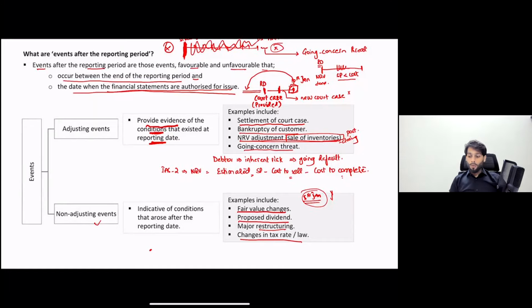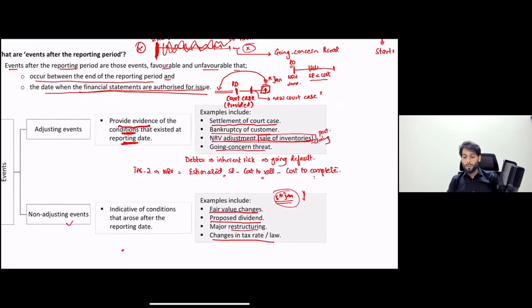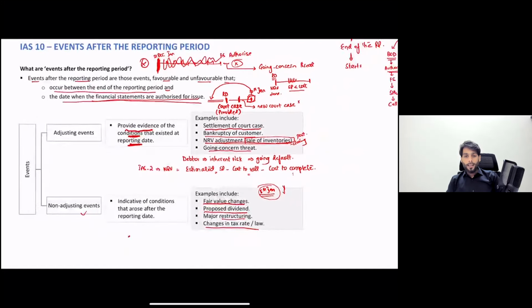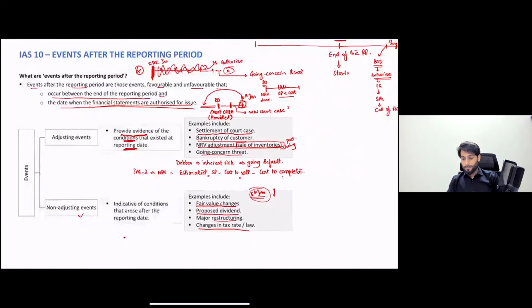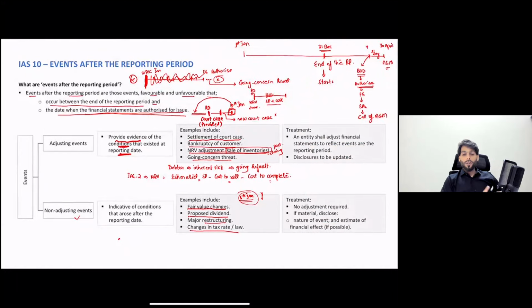Now, what do we do in case of an adjusting event and a non-adjusting event? The accounting standard specifies the accounting treatment. In case of an adjusting event, the transaction is adjusted within the current financial statements.